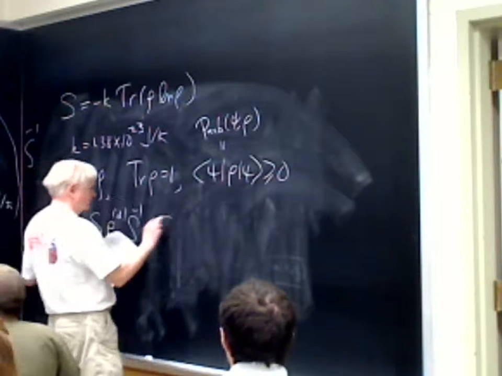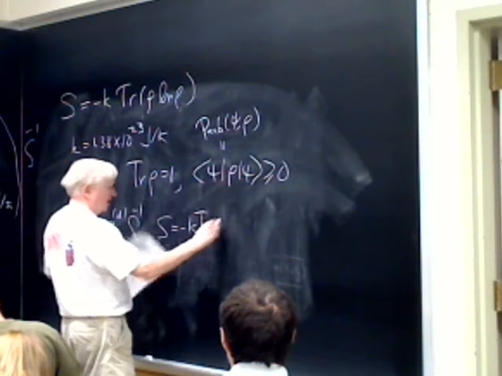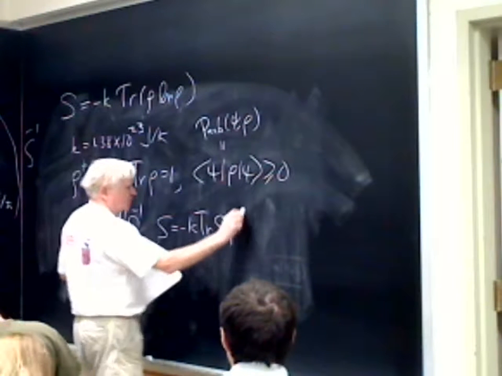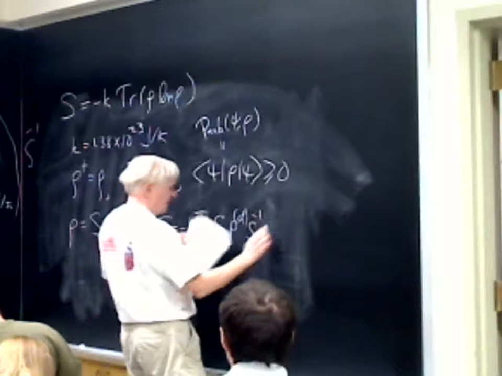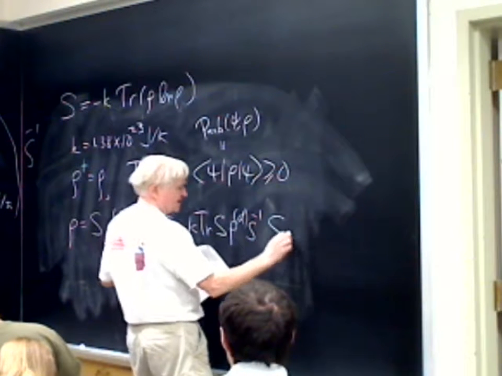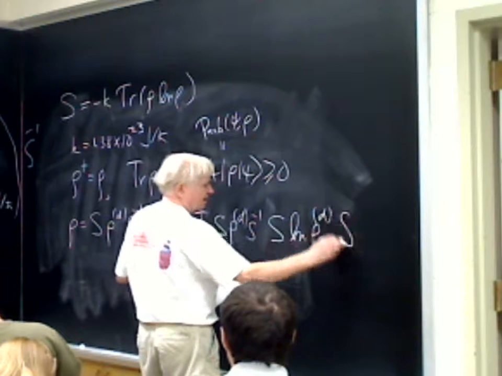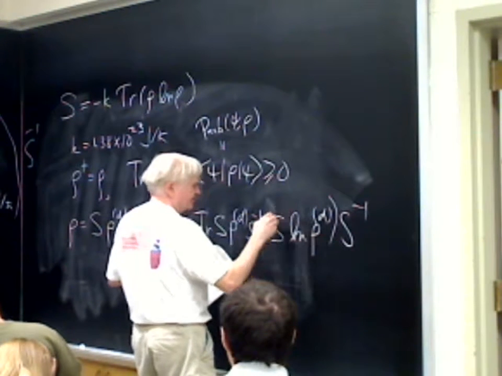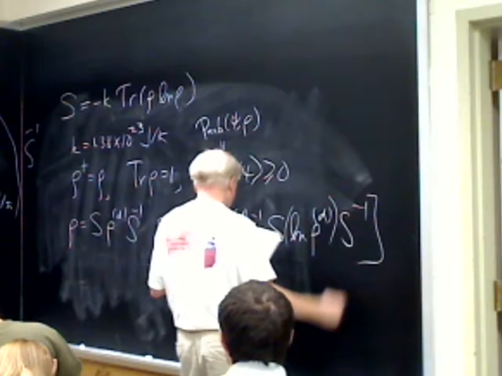And so S then is equal to minus k trace, and now we have S rho diagonal S inverse and S natural log rho diagonal S inverse. And the trace goes like that.